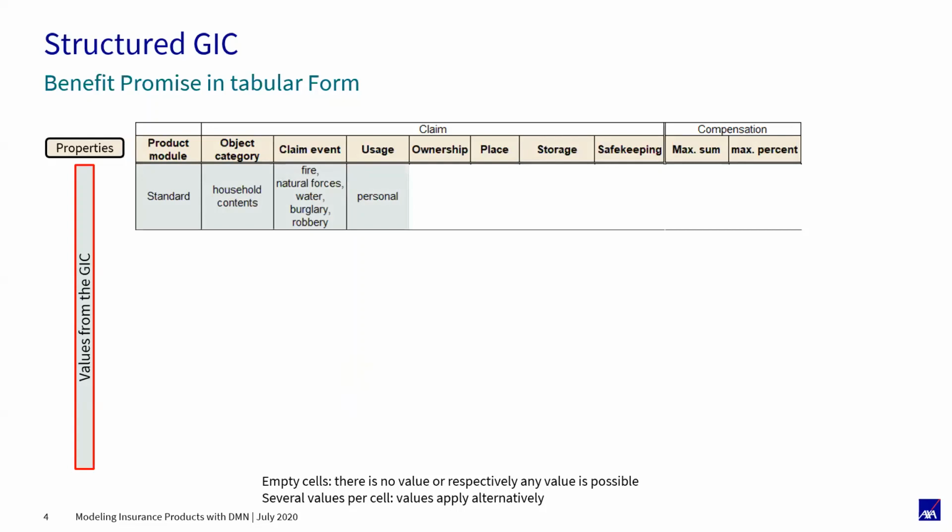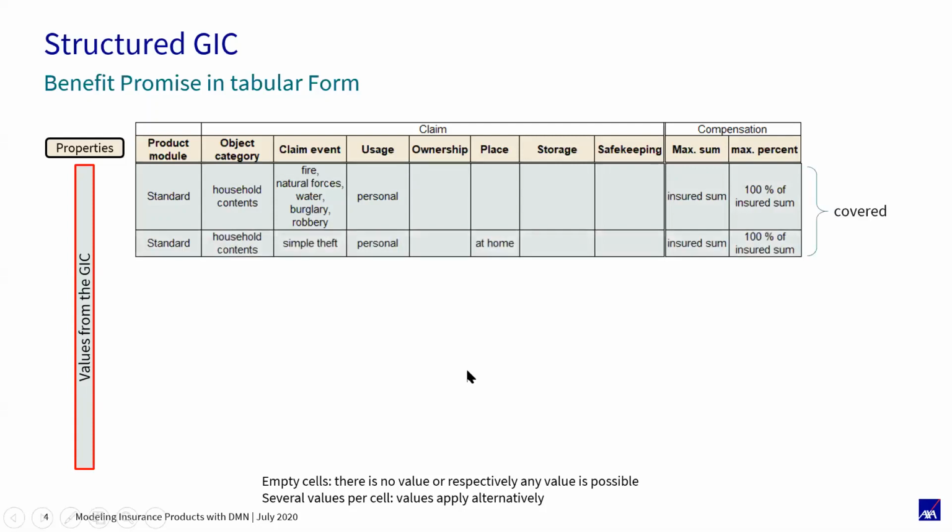And the household contents is only insured for personal use. And there are no more constraints concerning ownership, place, storage, or safekeeping, and has a compensation up to the maximum of the insured sum.